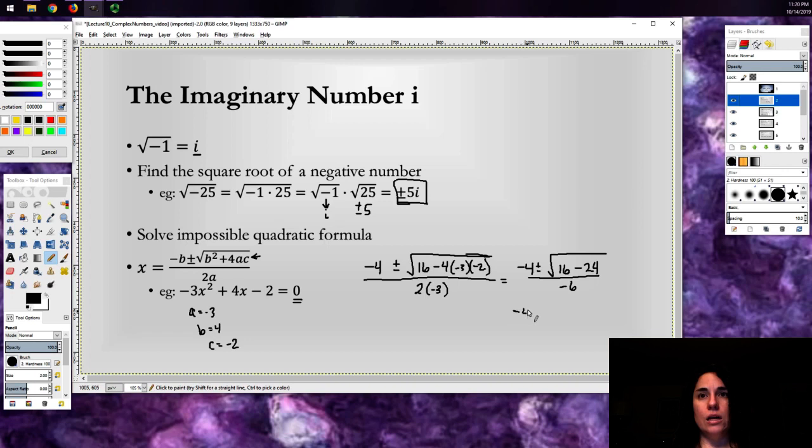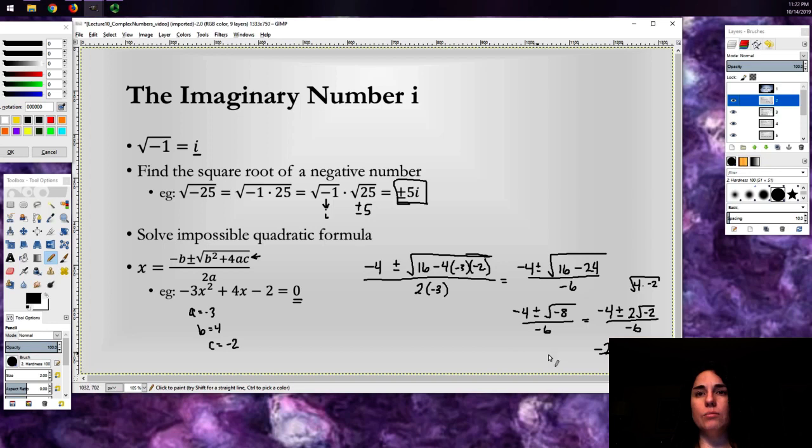So we get -4 plus or minus the square root of -8 over -6. If I simplify this a little bit further, let me evaluate the square root. I can get 2 times the square root of -2 over -6, -8. I can divide by a factor of 2, so I get -2 plus or minus the square root of -2 over -3.